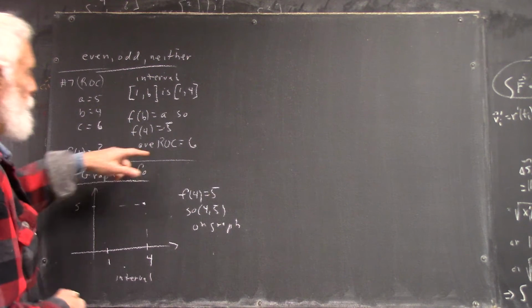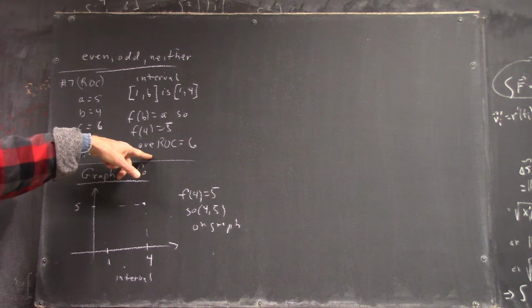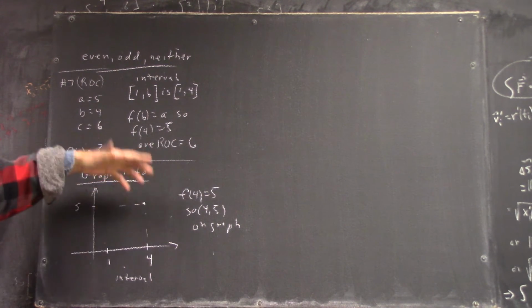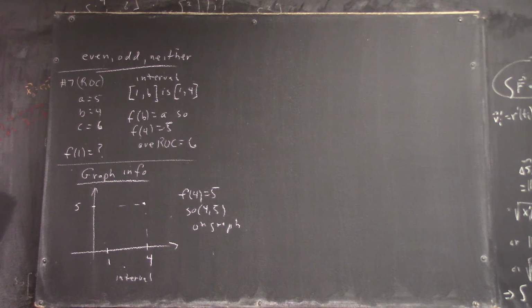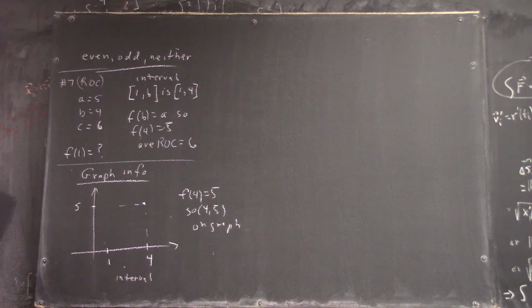And also the average rate of change is 6. What's that tell us? Tells us, at least on this interval, the average rate of change is 6, right? So slope is 6.